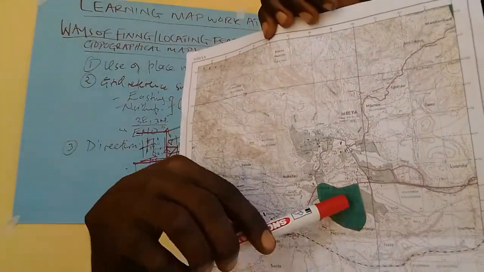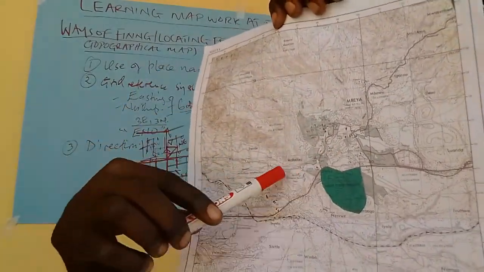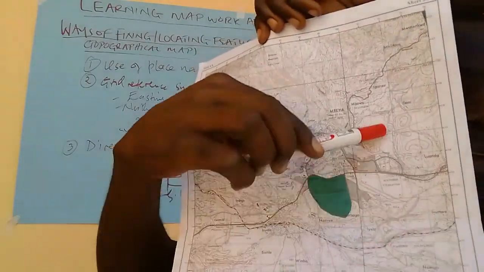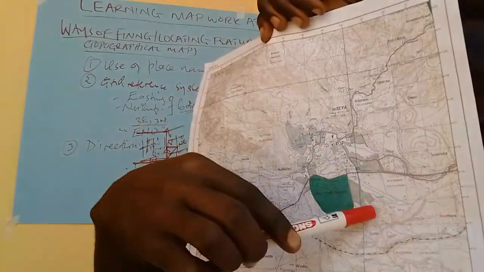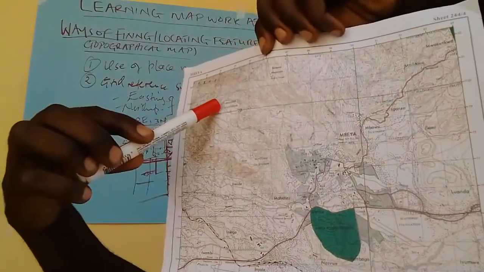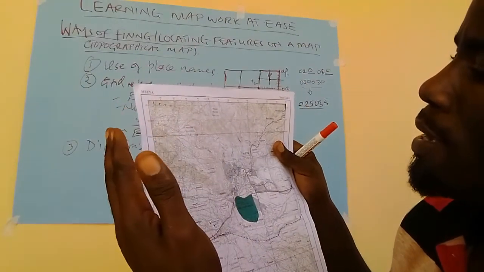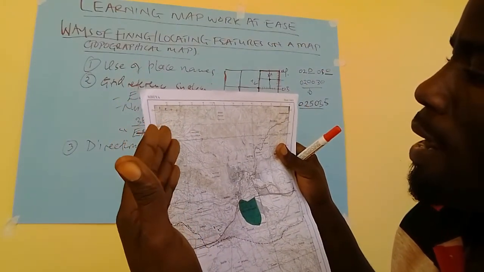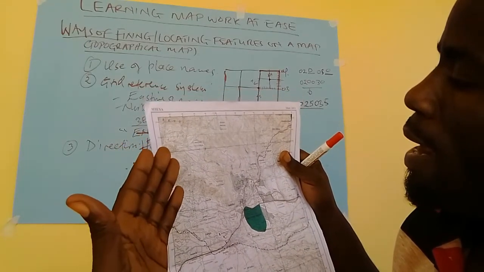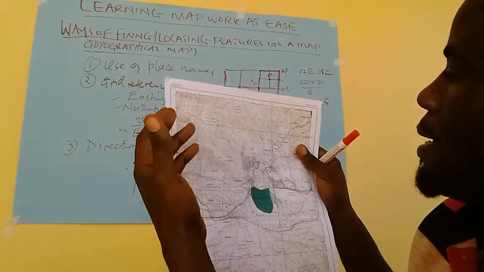But this is the northeastern part, because we have this quadrant here, northeast. We have this quadrant here, southeast. We have this quadrant here, northwest. We have this quadrant here, southwest. So if my point is here, let me talk about drainage. I can see many rivers in the northeastern part.